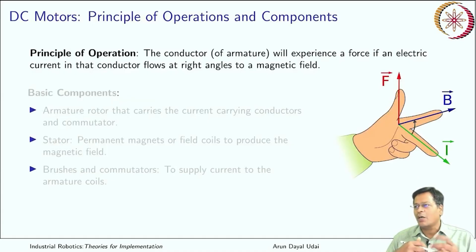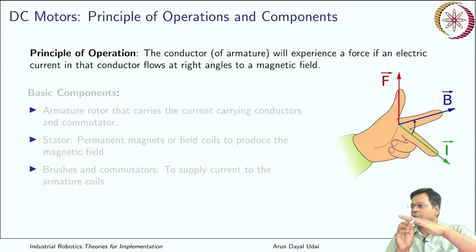So yes, principle of operation is very, very old and you already probably know it. The conductor of the armature will experience a force if it is a conductor, it carries a current, right? It is placed in a magnetic field that crosses this, right?